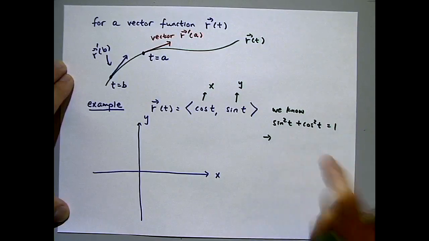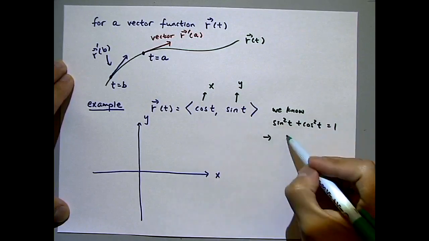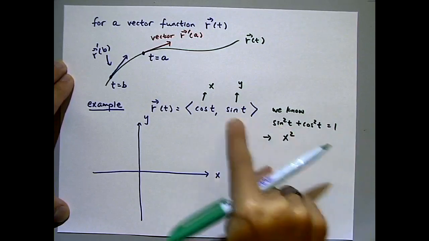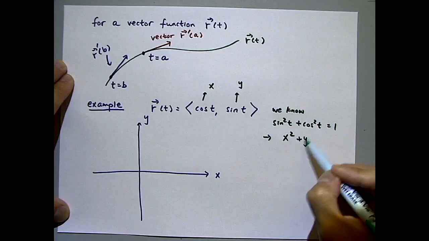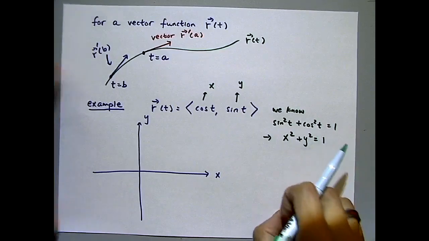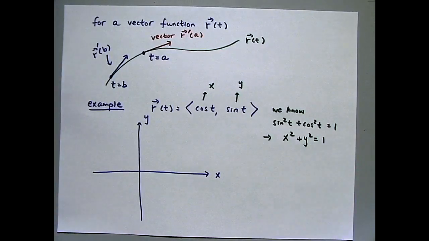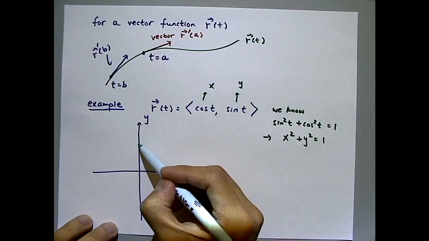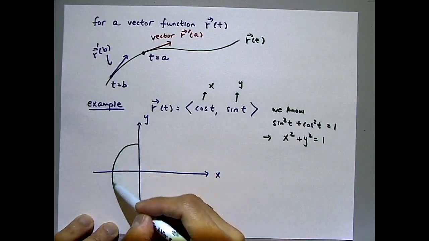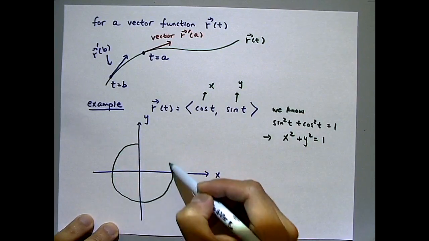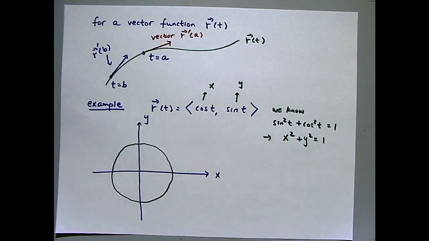So this implies that x squared plus y squared is equal to 1. And that we know is a circle with a radius of 1 and centered on the origin. There we go. There's our circle.